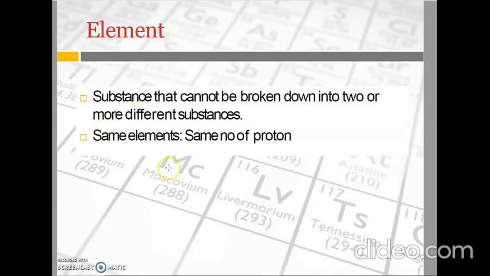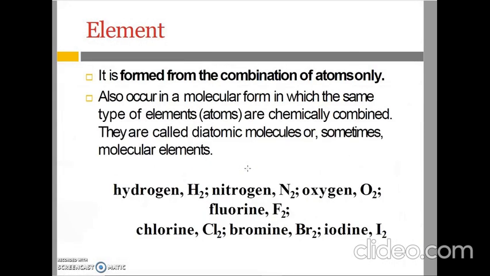Okay, next, element. An element is a substance that cannot be broken down into two or more different substances. So the same element will have the same number of protons. It is formed from the combination of atoms only. Elements are actually combinations of atoms, and they also occur in a molecular form in which the same type of elements or atoms are chemically combined.